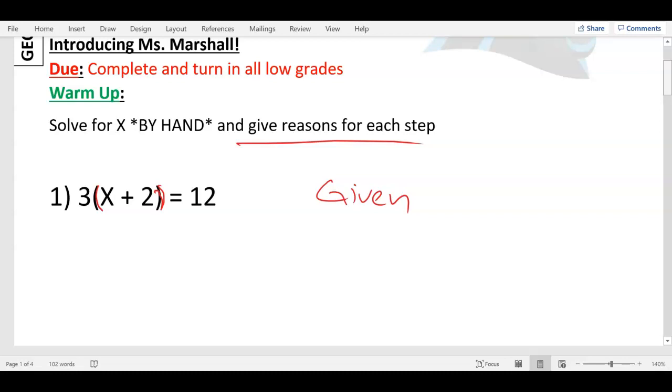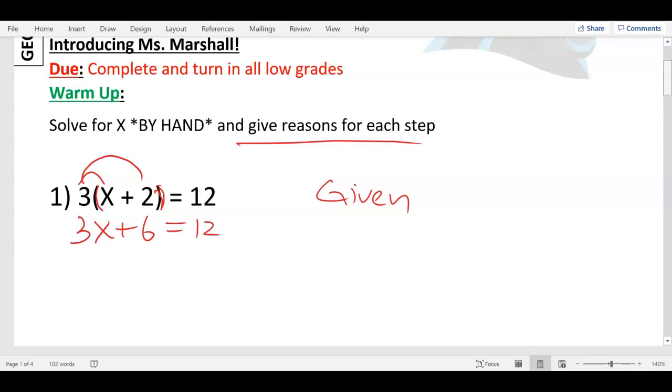Remember that word? Maybe? If you have a number in front of a parentheses, you're distributing into the parentheses. I like to show that with these little arcs like this. 3 times x, 3 times 2. Okay, so 3 times x gives me 3x. 3 times 2 gives me 6. Bring down equals 12.